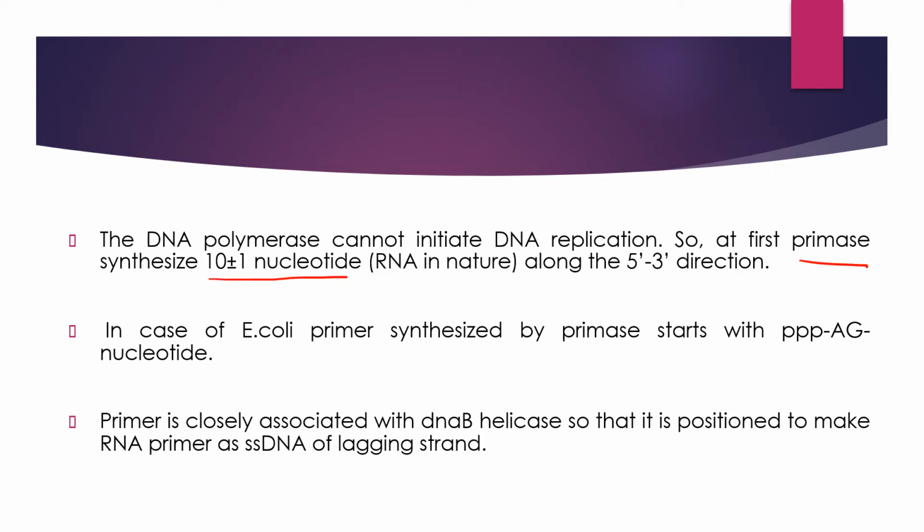A short molecule of RNA is formed, which is 10 nucleotides long, along the 5' to 3' direction. In case of E. coli, the primer synthesized by the primase starts with AG, to which 3 phosphate groups are attached. Primase is closely associated with the DnaB helicase.